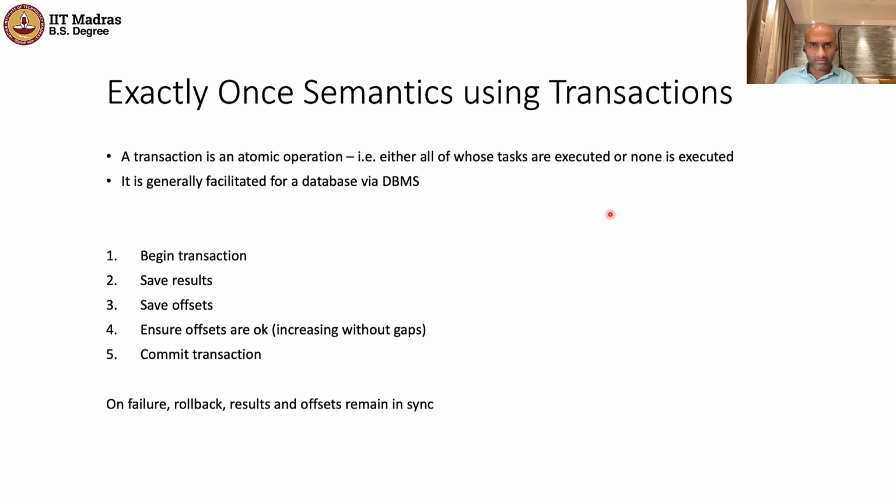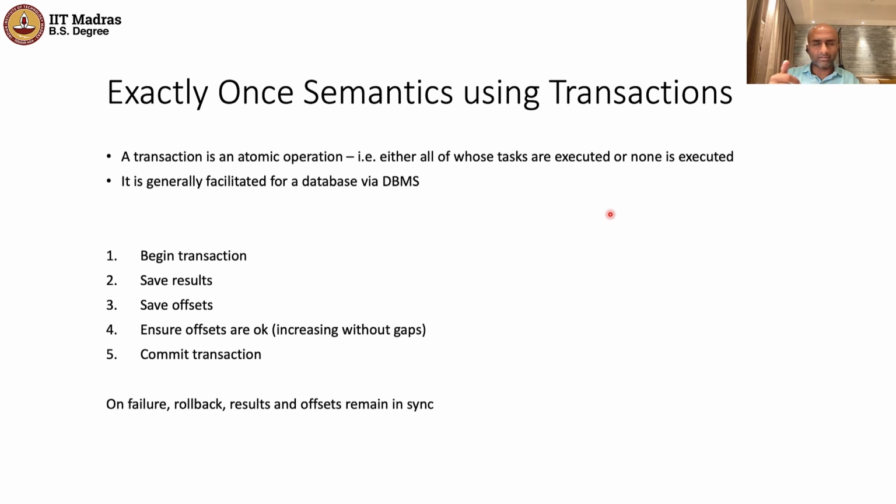So what is a transaction? The database notion of a transaction is basically an atomic operation, meaning that all of the set of changes to be done within the block of operations, which spans the beginning of the transaction all the way to the end of the transaction, all of that happens or none of that happens, right?